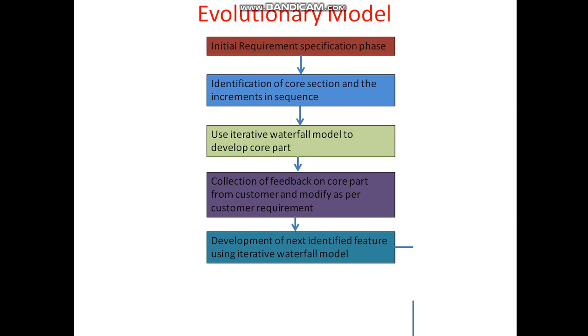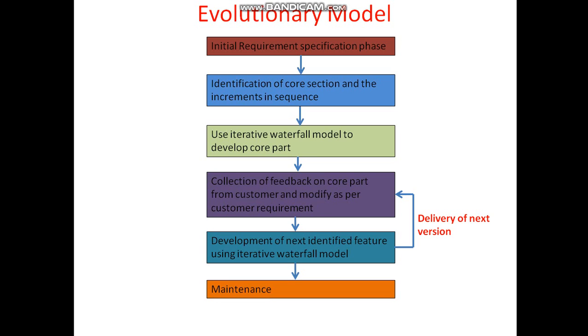So there is a cycle: every increment which we develop, and the collection of feedback related to it. Then comes delivery of the next version. And the final steps, as usual, are testing after development, then maintenance and deployment.